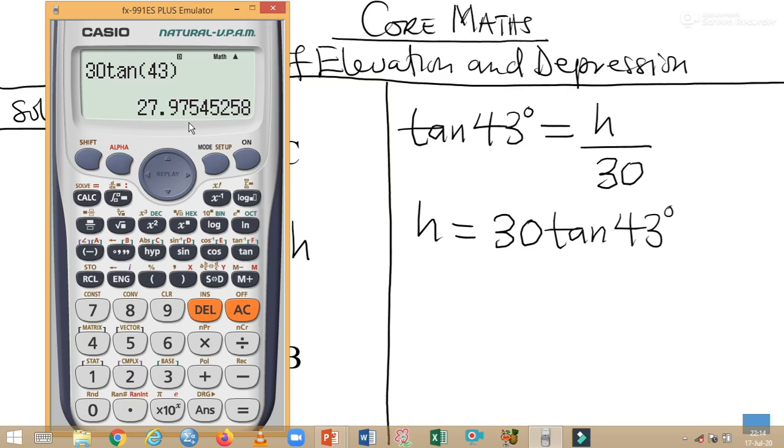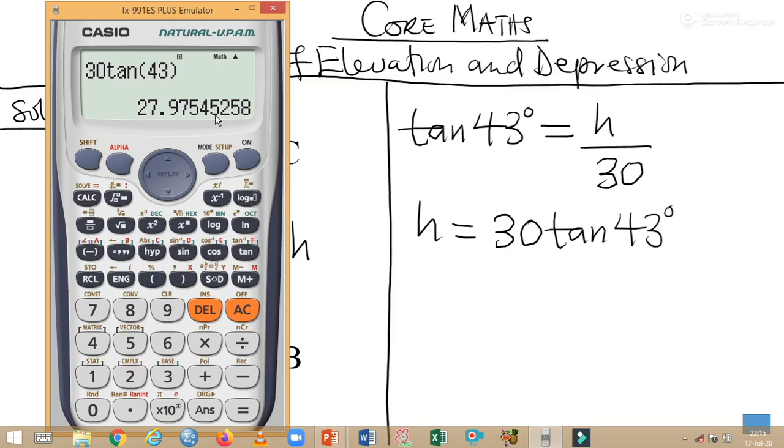Now here, what you have to take note of is that anytime you have a decimal where the digit is more than 4, it is appropriate and acceptable to approximate it to 4 decimal places. So here, the numbers after the decimal point is more than 4. So we have to approximate to 4 decimal places to help us deal with our calculation. So we have here 27.9754.